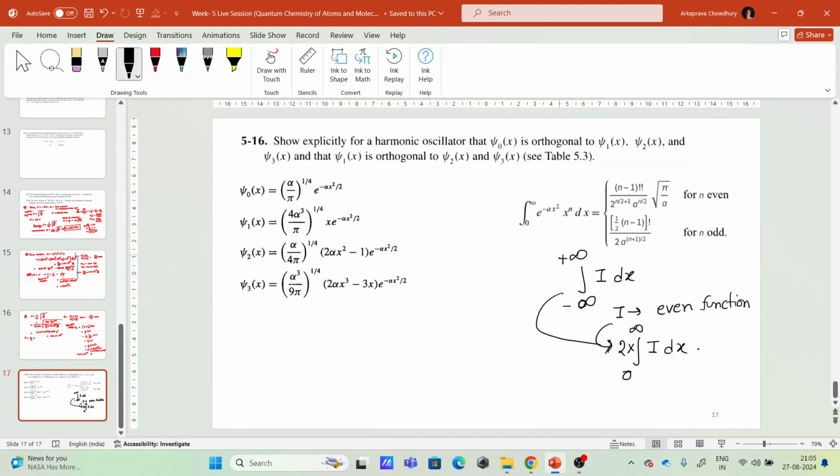That you can do. But if I is odd, then this is actually going to be 0. We will discuss this in detail in the next session, but try to solve it for yourself.